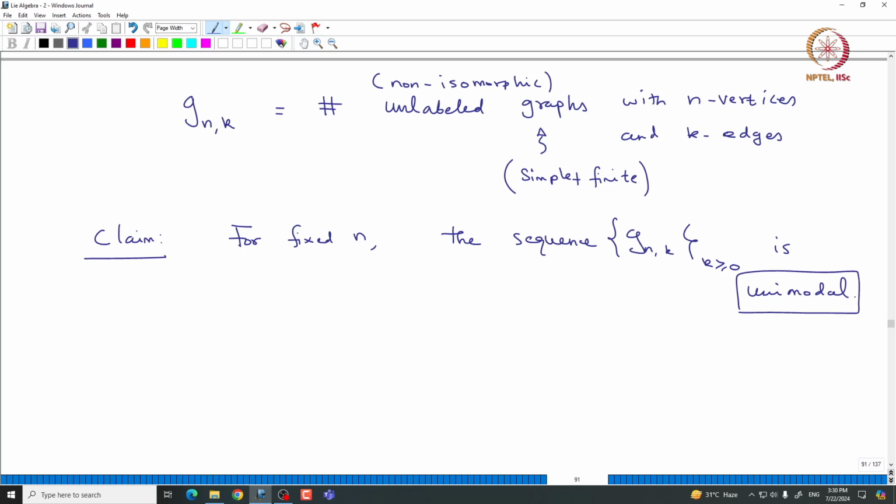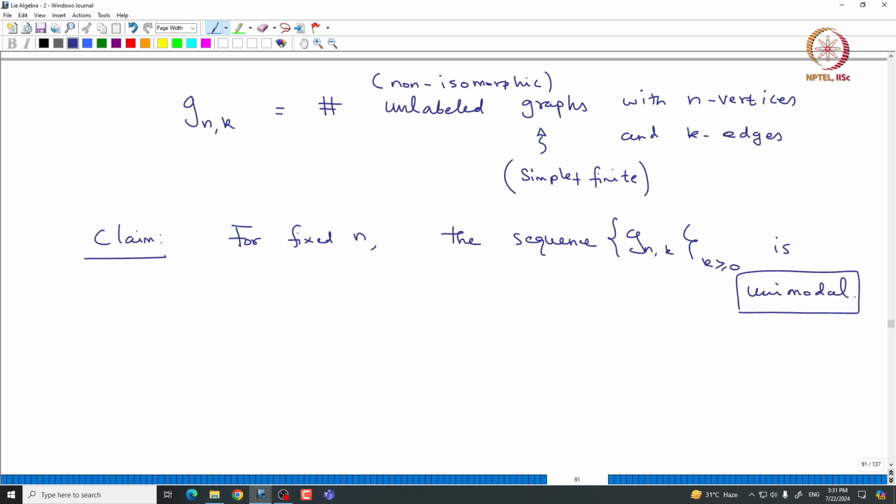So, how can one approach this problem? First, we consider labeled graphs, and then we take the vector space spanned by these labeled graphs. Then we can make the symmetric group act on that. That action leaves invariant, for example, the unlabeled graphs.